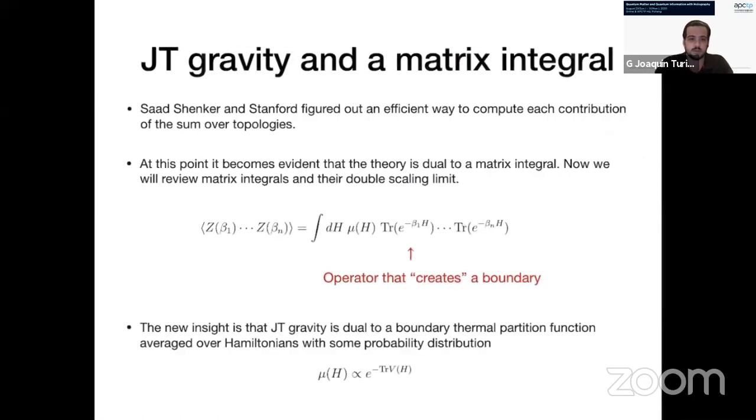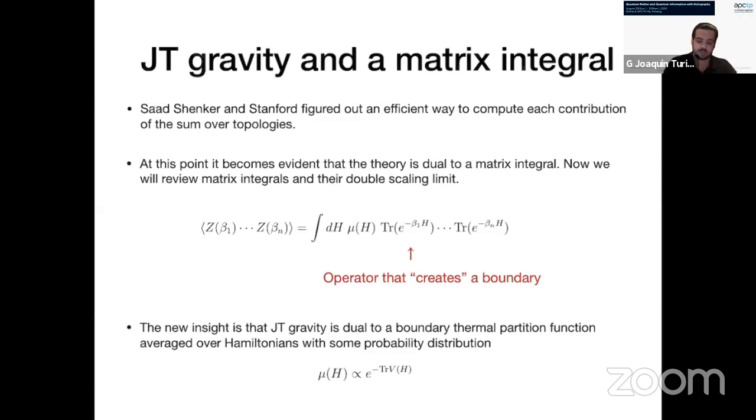Okay. So to summarize, I explained the prescription of Saad, Shenker, and Stanford to compute the sum over topologies, and it's evident, or we will see that it's evident, that the theory is equal to a matrix integral in the sense explained by this equation: each path integral with certain holographic boundary conditions is equal to a thermal partition function of some system with a Hamiltonian H, but the new feature is that you have to average over Hamiltonians with some measure.